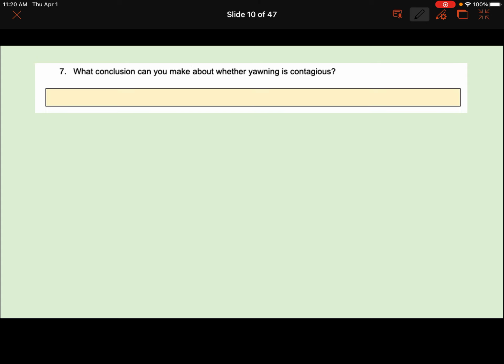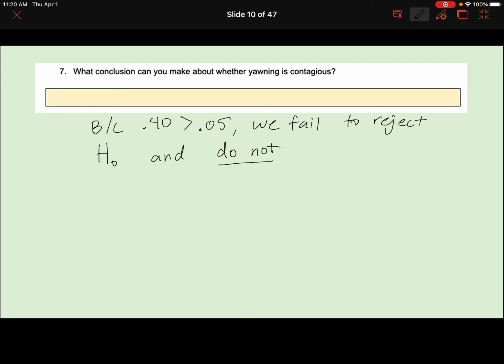So let's go ahead and try to conclude based off of that. Because 0.40 is greater than 0.05, we fail to reject the null hypothesis. And we do not have convincing evidence that yawning is contagious.